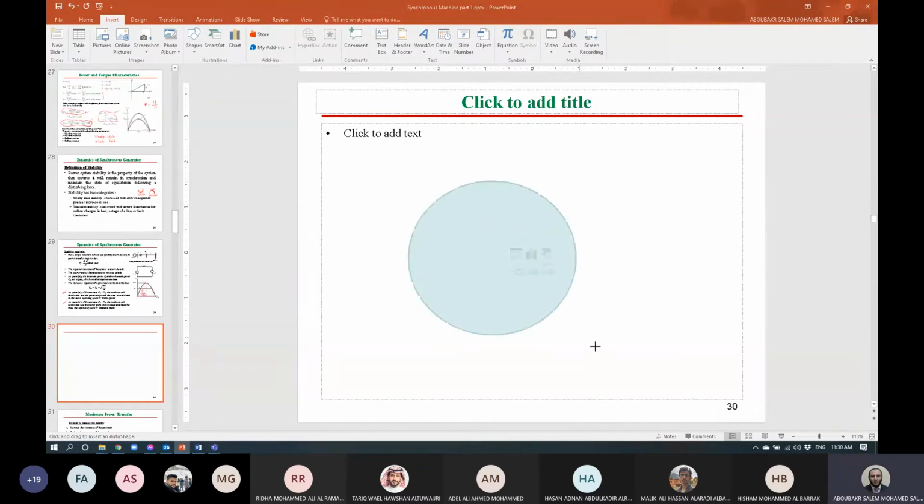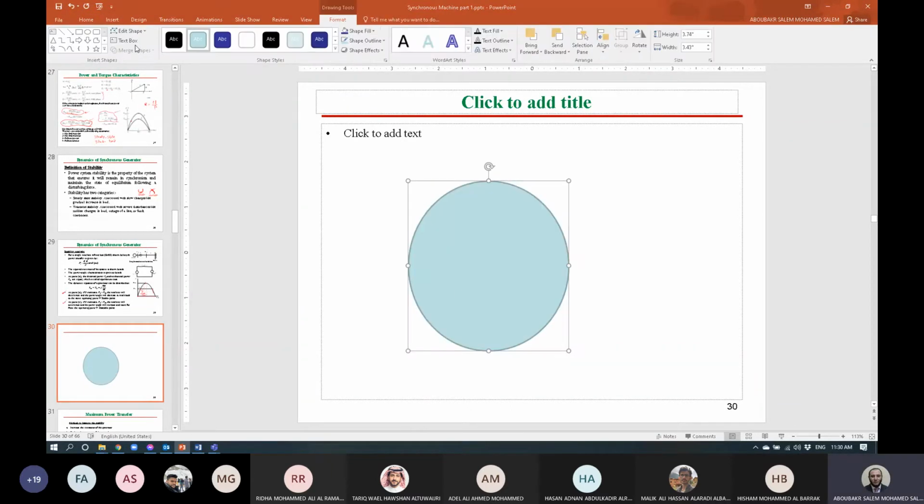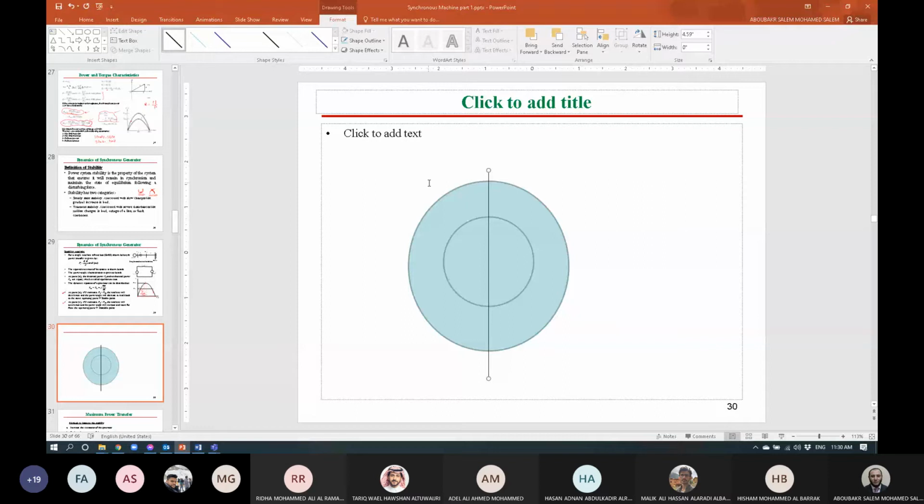Assume this is the stator. And this is the rotor, okay? And we have here, this is the machine X, okay? And we have another line like that.